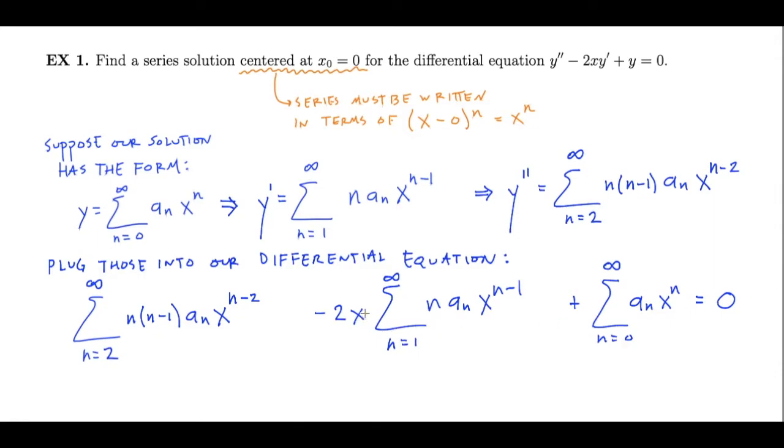First of all, I just noticed that this second series here has this coefficient on it, negative 2x. Now recall that this series is essentially just a really big polynomial, and so if I had negative 2x times a polynomial, I could distribute this negative 2x into every single term in that polynomial. The negative 2 would simply get multiplied by whatever coefficient was already there, and then the x would combine with the x's that are already there, and all of the powers on x would increase by 1.